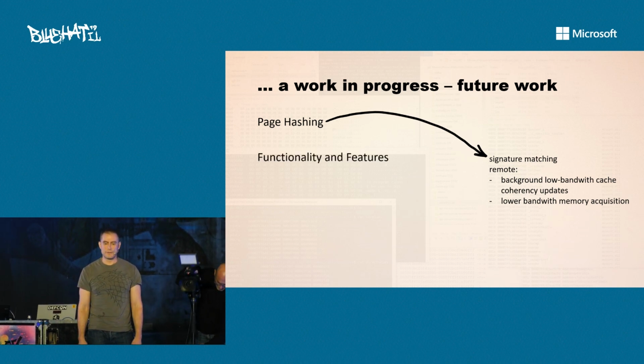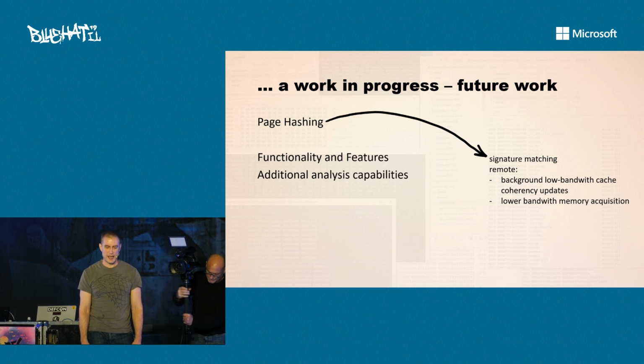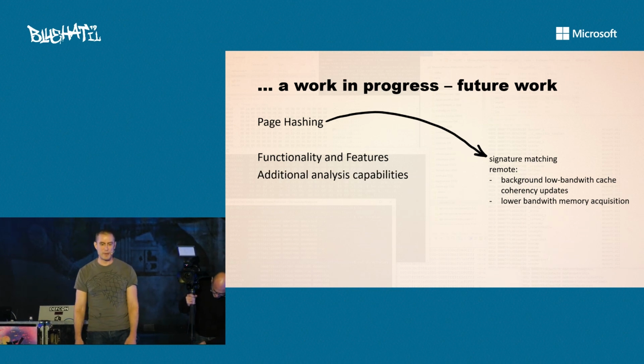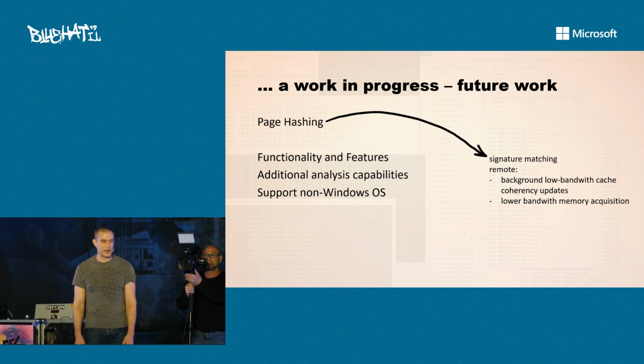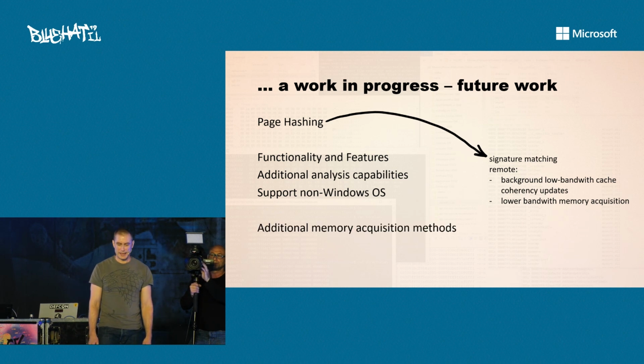I wish to add more functionality and features, such as additional analysis capabilities, and also support for non-Windows operating systems as well, but that's a huge work item. And of course, additional memory acquisition methods.